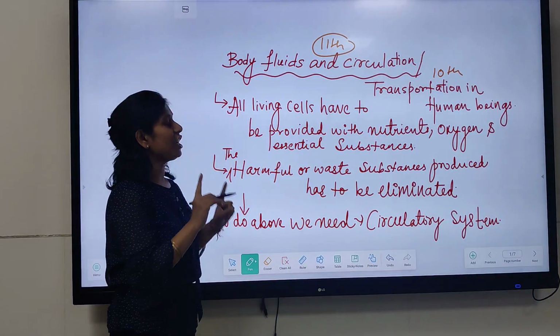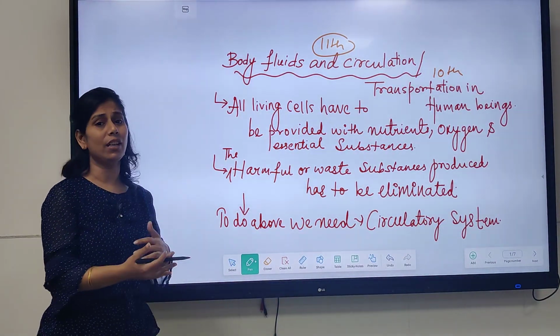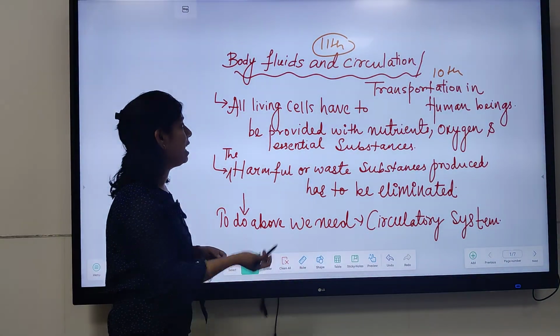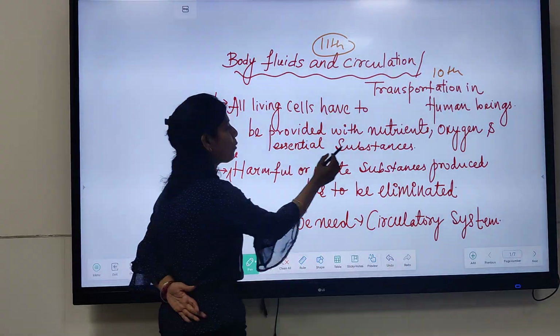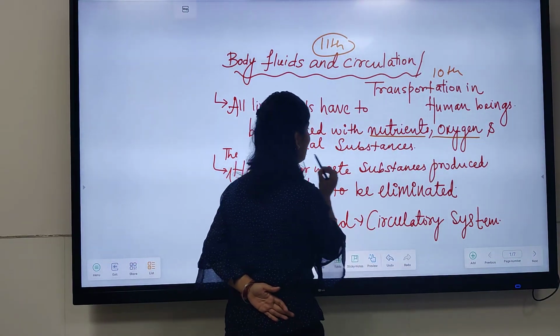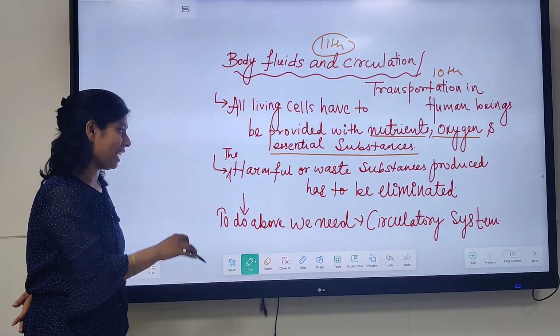Now, transportation system. You know that the human body, or any other living being, has to be transported with so many important things. Living cells have to be provided with nutrients, oxygen and essential substances, which we have to study in this particular session.